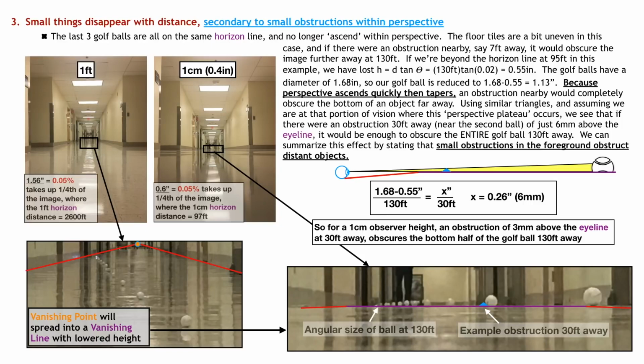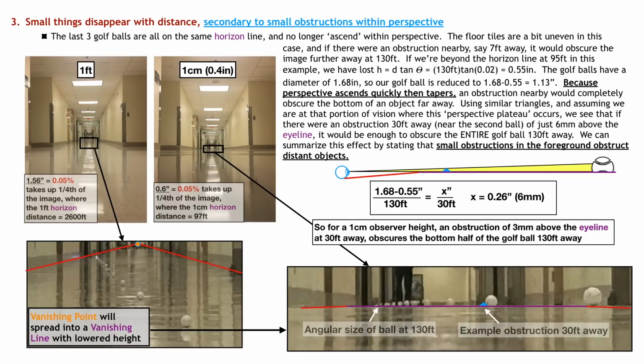And we can calculate what height would be required to obscure that distant object by just using similar triangles. That's what I've done with that formula, solving for x. So in this case, x is 6 millimeters. So a 6 millimeter obstruction above the purple line completely obscures the entire golf ball 130 feet away.